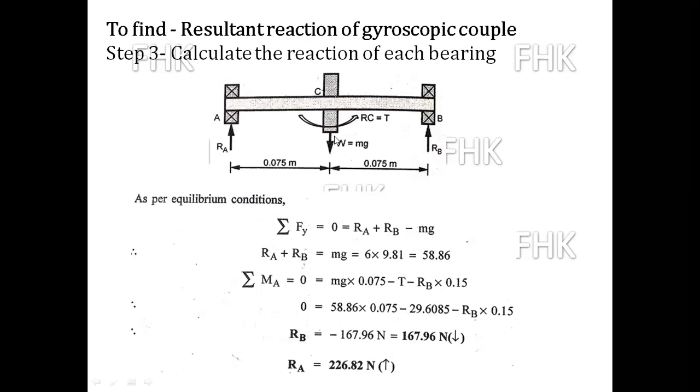The weight is moving in clockwise direction: mass into gravitational acceleration into perpendicular distance. So the moment at A of the weight is equal to W into 0.075. Minus T. T is the reactive couple, which we have already found out in the previous step.